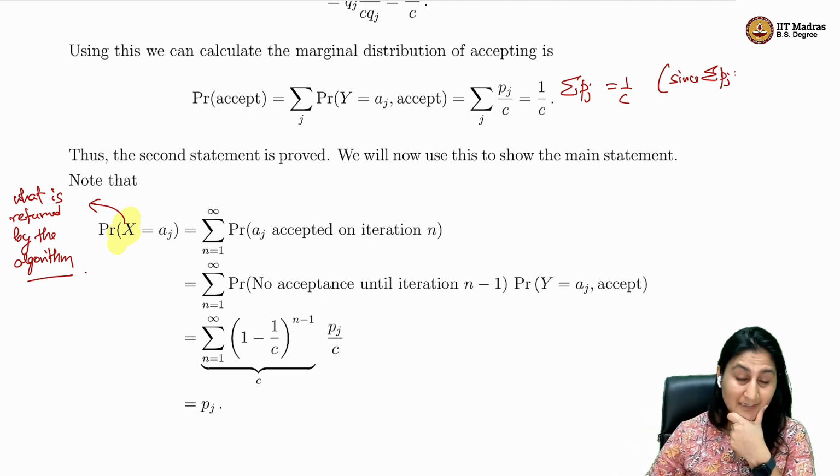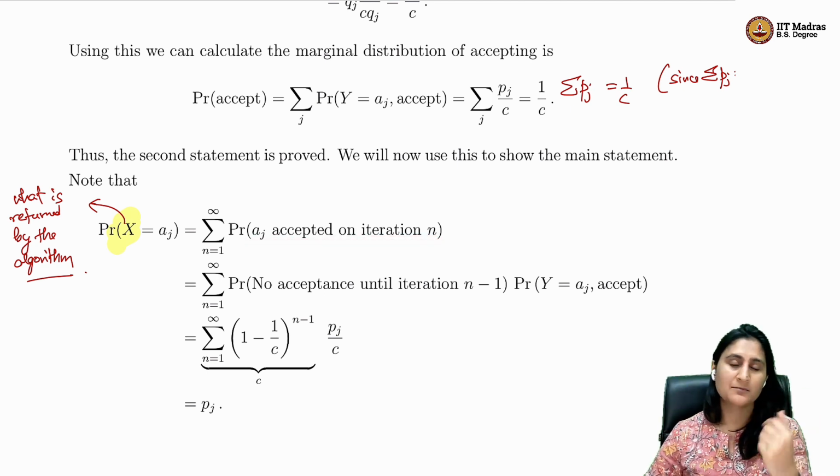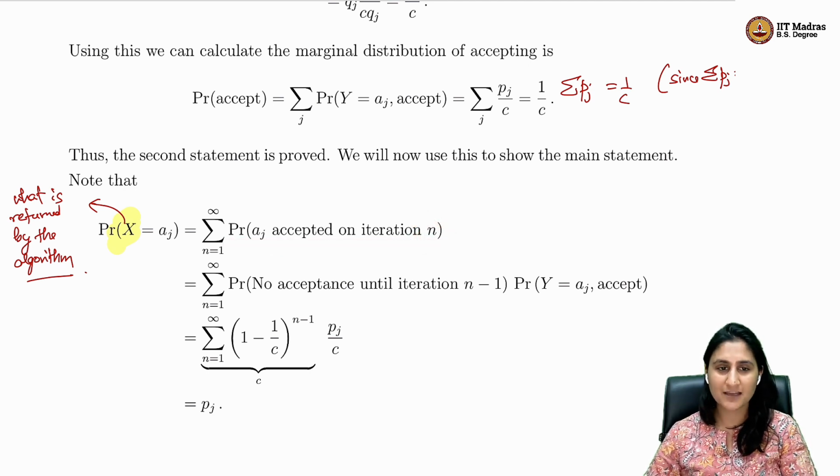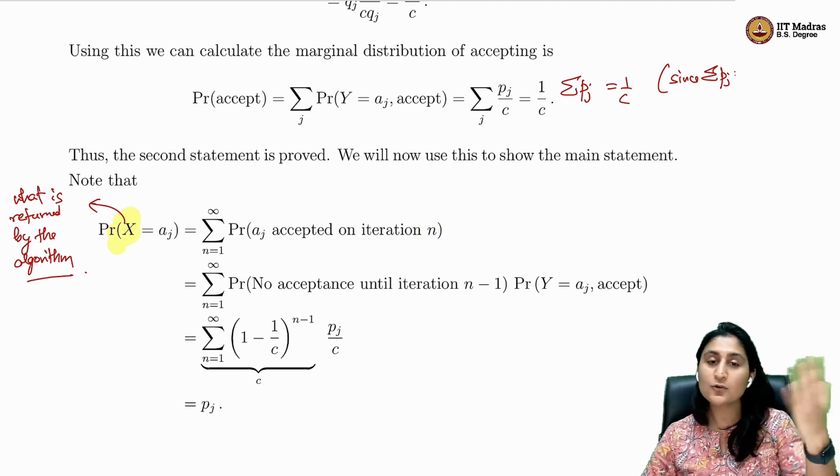So the ways that x can take the value aj is the sum over all possible n's of the probability that aj is accepted on iteration n. This n could be the first iteration, the second iteration, the third iteration, and can go up to infinity.